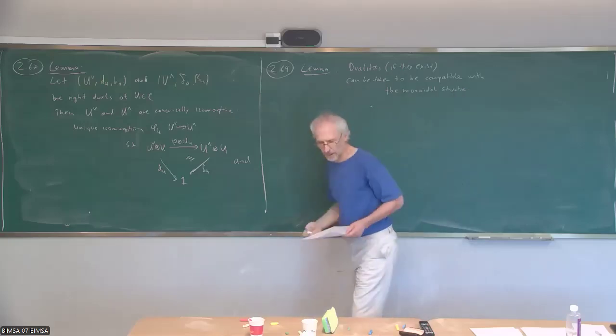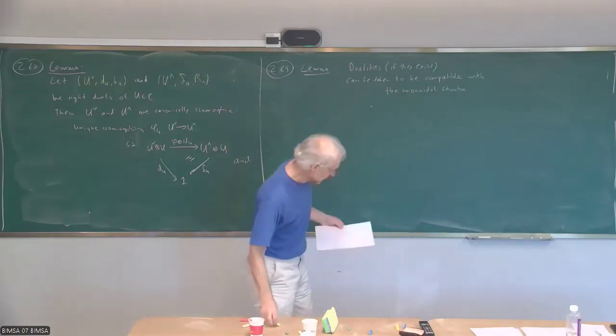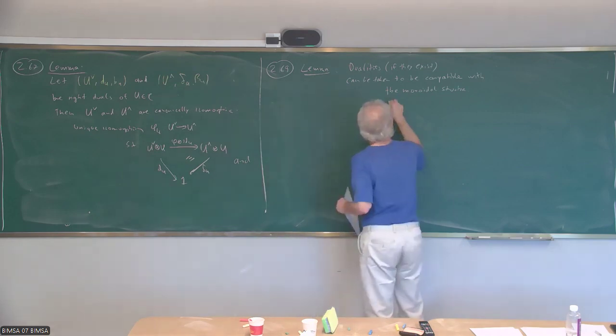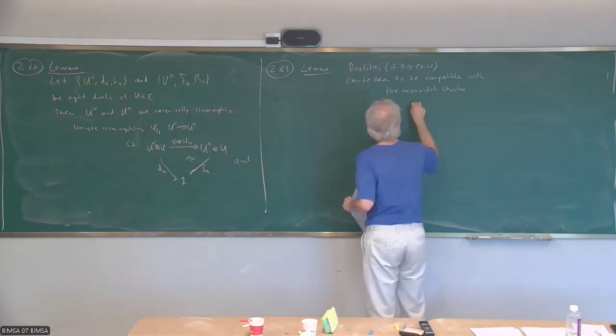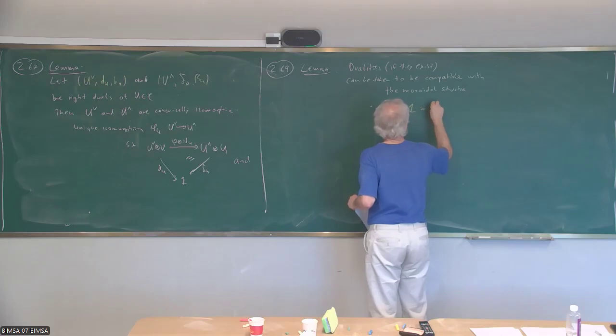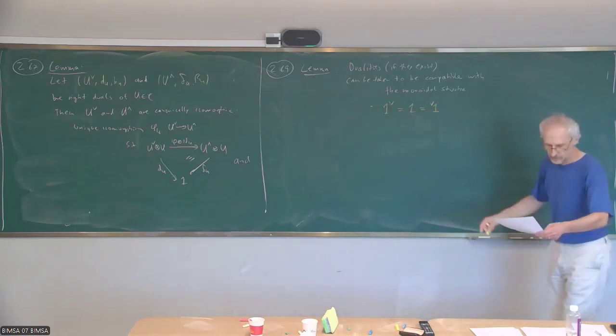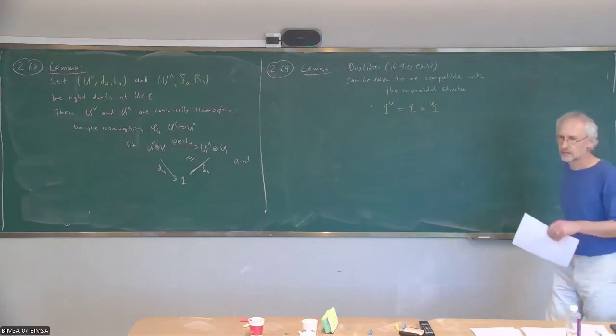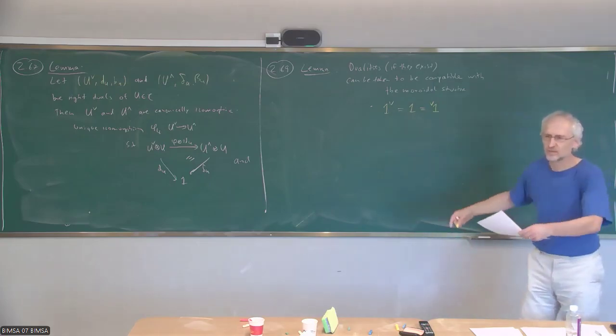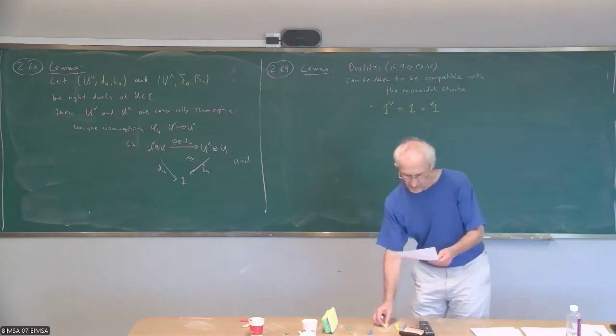So first of all, compatible with the monoidal unit. So we can assume that the left and right dual, if they exist, of the unit are equal to the unit. This is one of the instances where we actually use equality between objects.